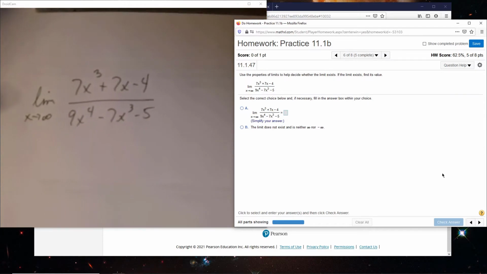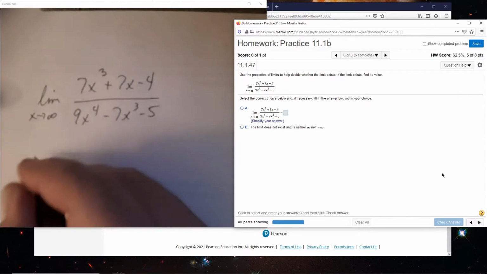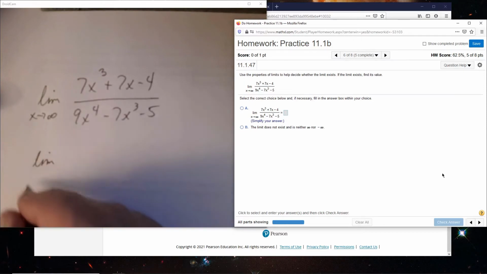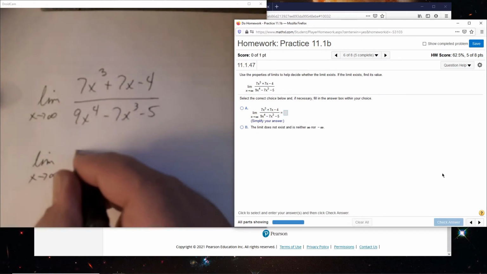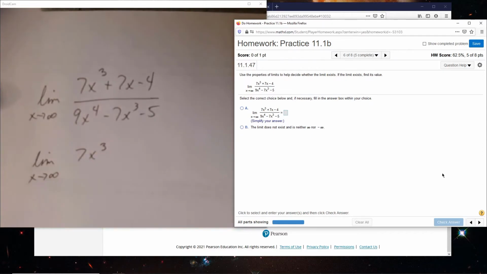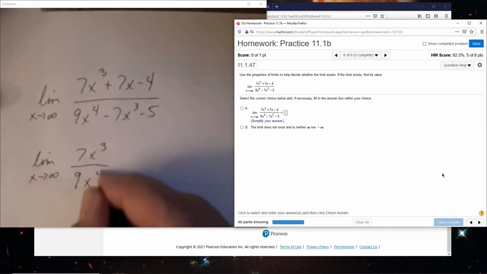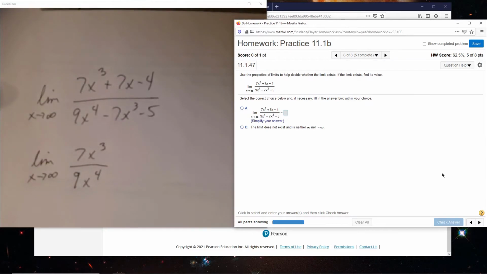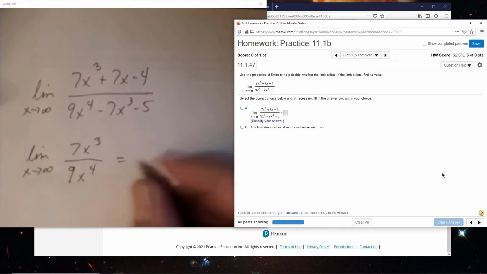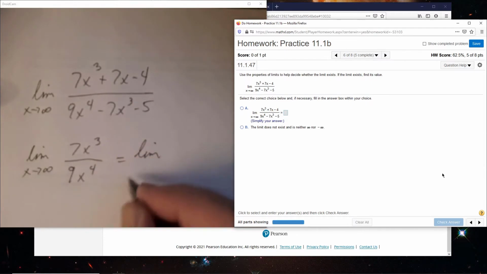So we're just going to look at dominant terms because x is going to infinity. So the dominant term in the numerator and the dominant term in the denominator. And then we can make some simplifications there.